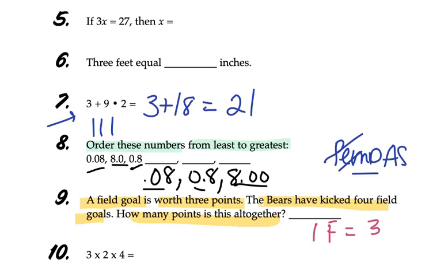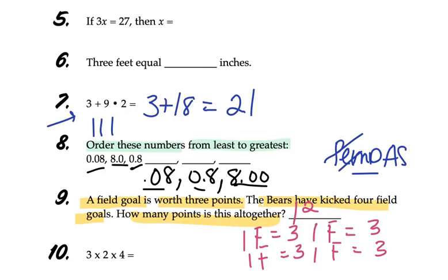So if they kicked 4 field goals, we could just do 4 times 3. And we know they have 12 points. But let's just set it up. Another field goal would be 3 points. And then another field goal would be 3 points. And then another field goal because they kicked 4 field goals. So you can see you're adding 3 together 4 times, or you can view that as 4 times 3.